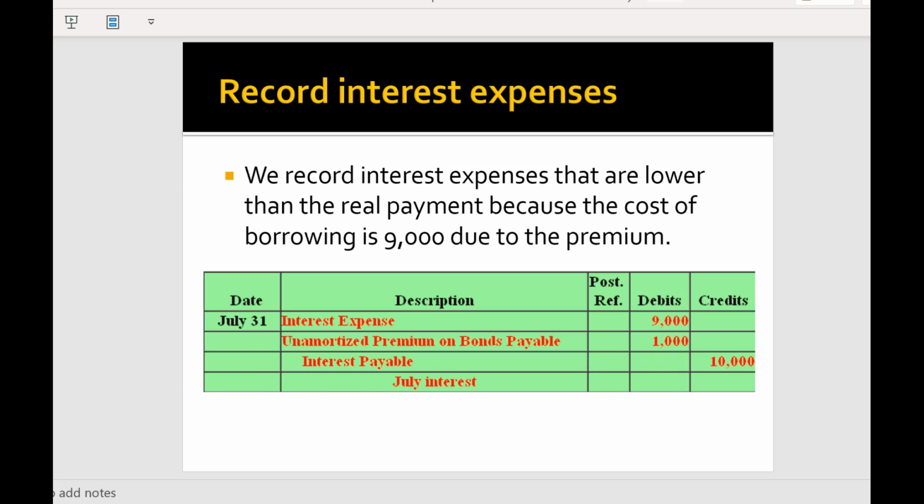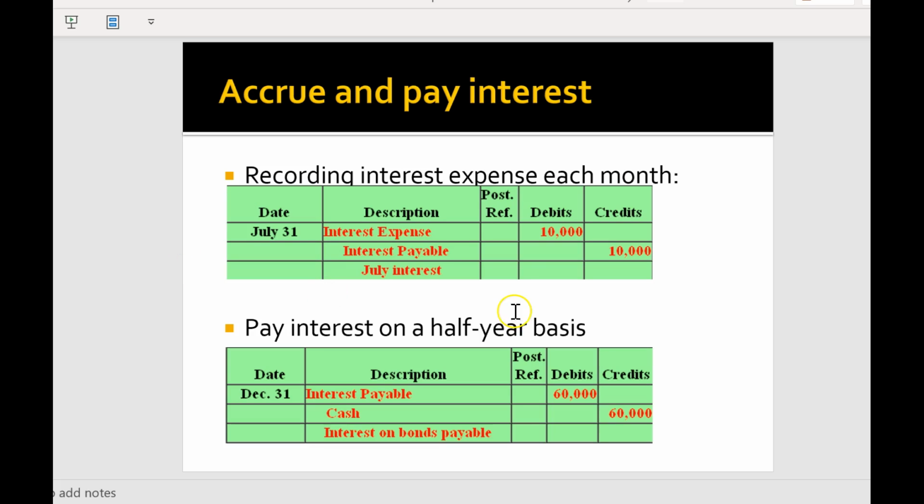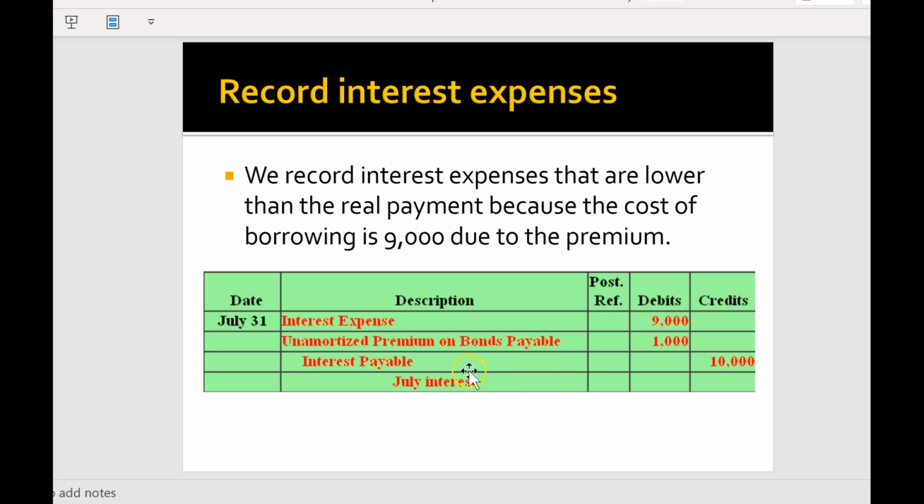If we compare to issuance at par value, when a bond is issued at par value, we debit interest expense 10,000, we credit interest payable 10,000. There's no difference between the two because we didn't receive more money upfront. But when the bond is issued at a premium, we actually got more money upfront. That is basically a reduction to our expenses. So we want to debit an expense that's smaller than how much we are going to really pay in cash.